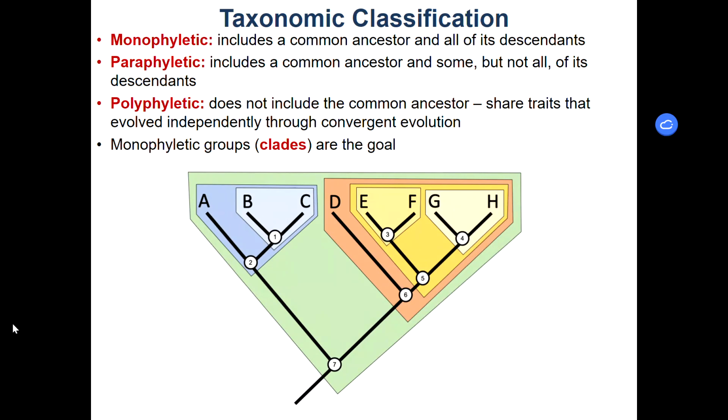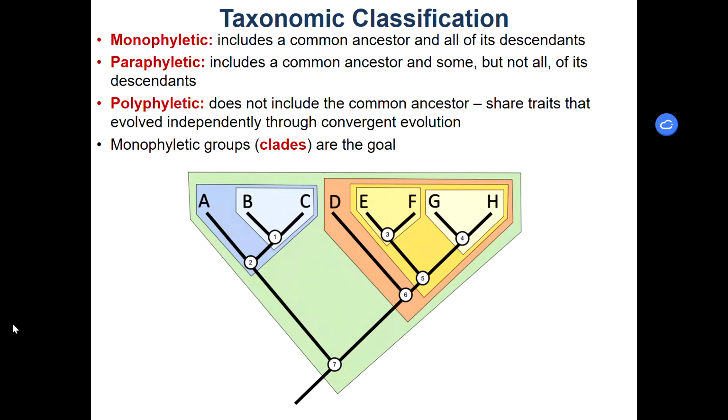So B and C is a monophyletic group because they share this common ancestor. A, B, and C is a monophyletic group because they share this common ancestor. E and F are monophyletic because they share a common ancestor. G and H are monophyletic because they have a common ancestor.